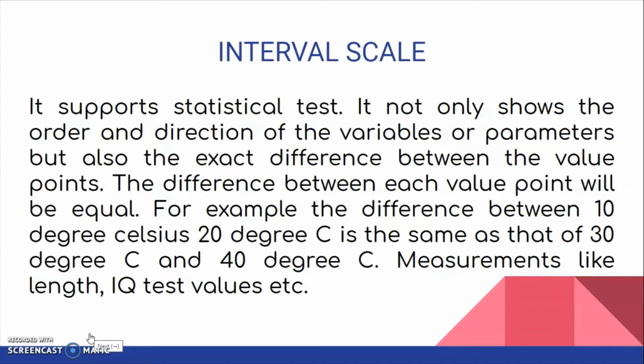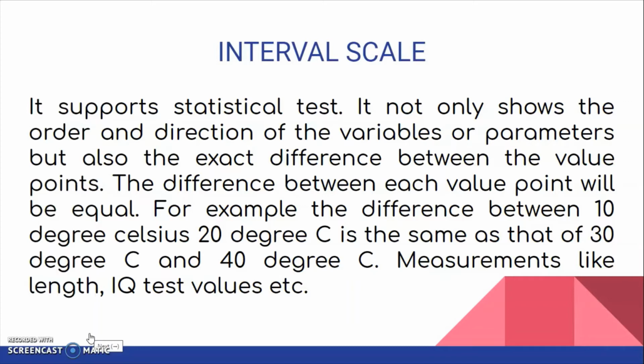So here, we can calculate the exact difference between the value points. And the difference between these value points will always be equal. Last time, in an ordinal scale, we can't find the exact difference between rarely and sometimes. And the difference between rarely and sometimes will be different from that between sometimes and most times.